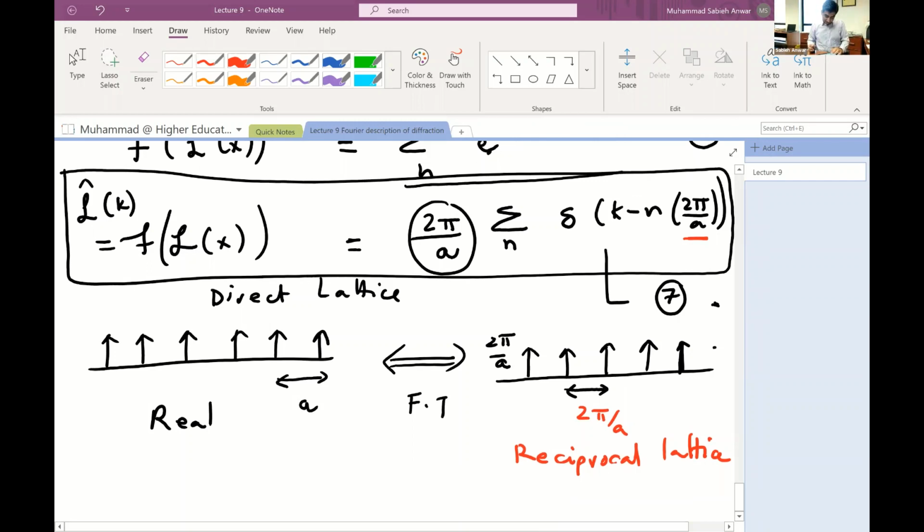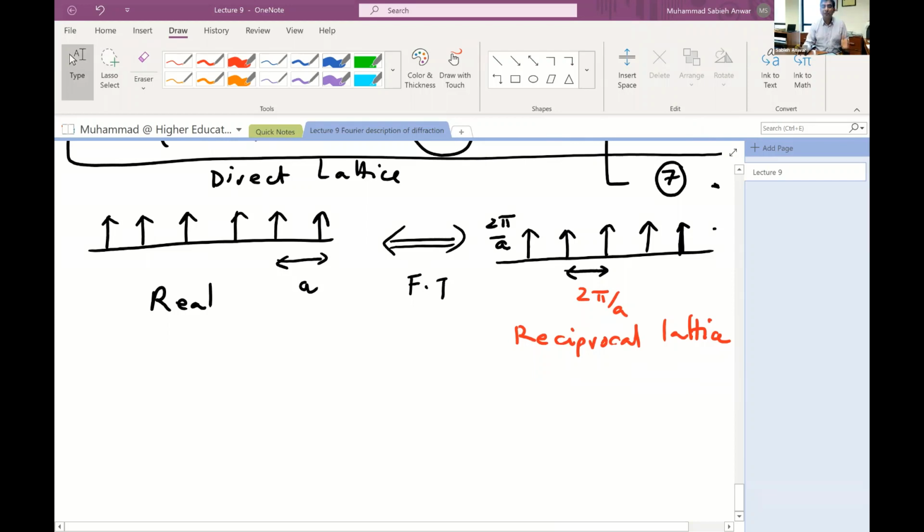And if I were to extend this to 3 dimensions, the concept is straightforward.